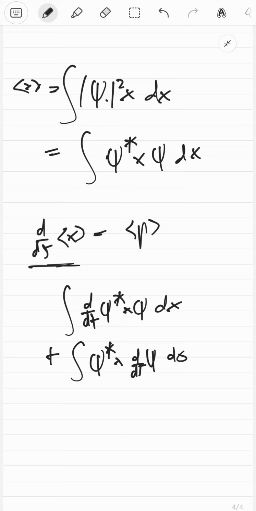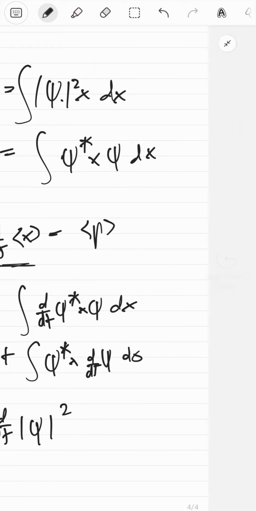So one thing to note is that the derivative of psi square isn't all that straightforward to calculate, but let's actually try to do this. What we'll have to do is use the Schrodinger equation once again.